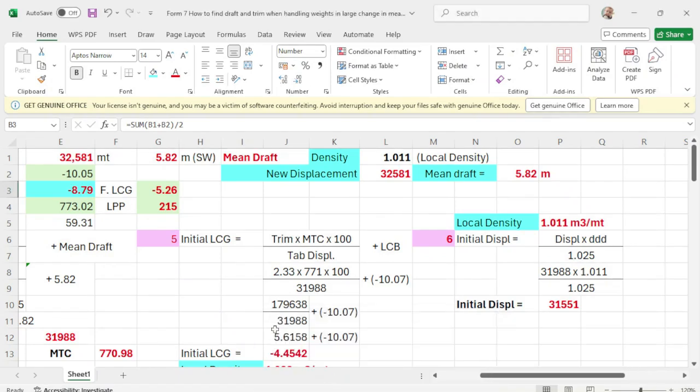So we go to the Excel form. The formula is trim times MTC times 100 over your tabulated displacement plus LCB. What is your trim?